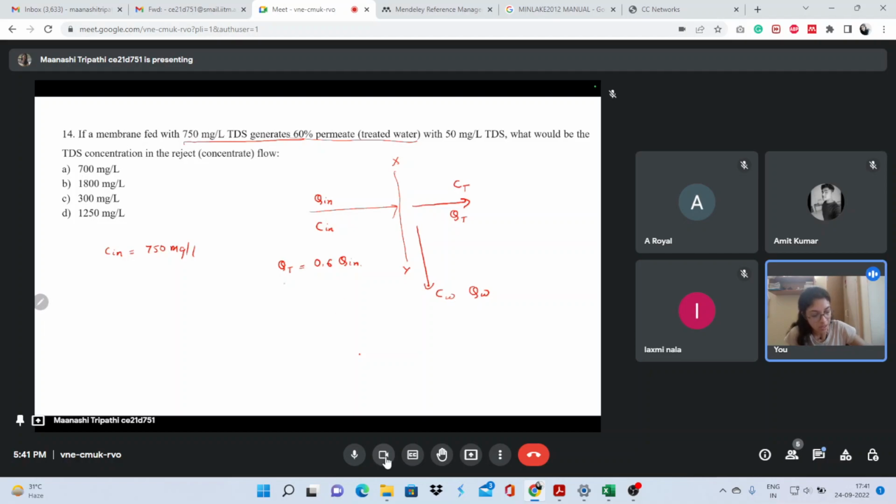And CT is given as 50 milligram per liter. What should be the TDS concentration in the reject, meaning in waste? We will write it as R so that you can understand easily. So the question is, what is CR? Very simple question, just a dilution question. Can you do this? Please try.